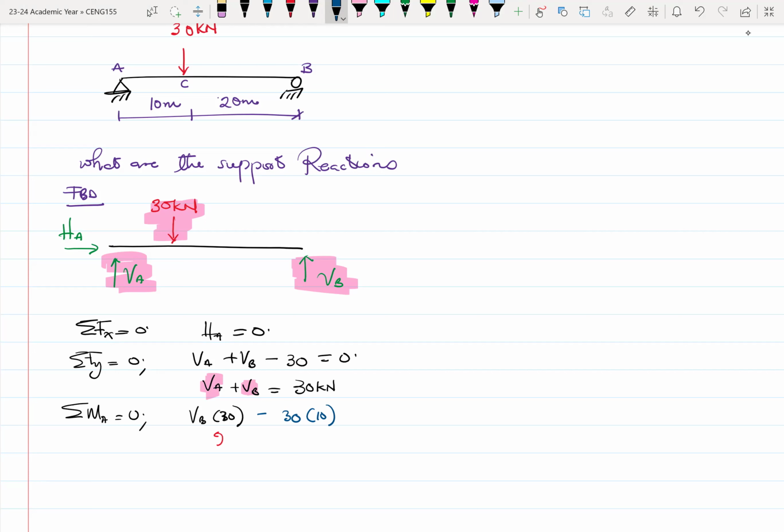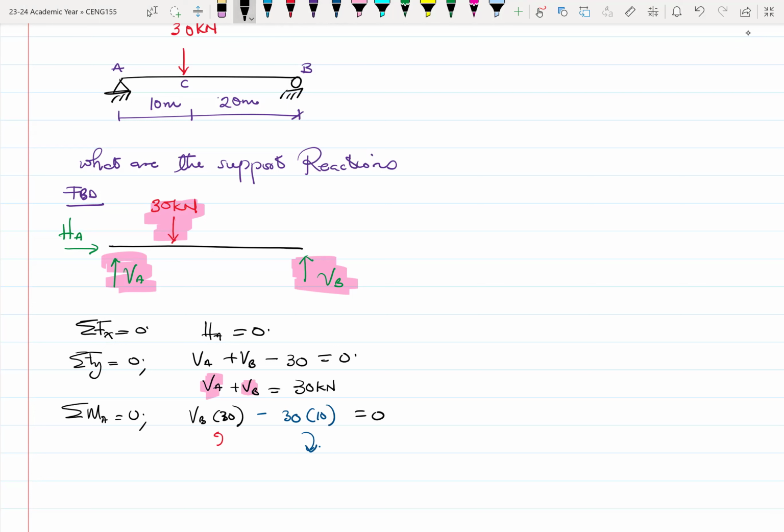All right. So this is going to be clockwise, am I correct? Okay, great. So this is clockwise, this is anti-clockwise.